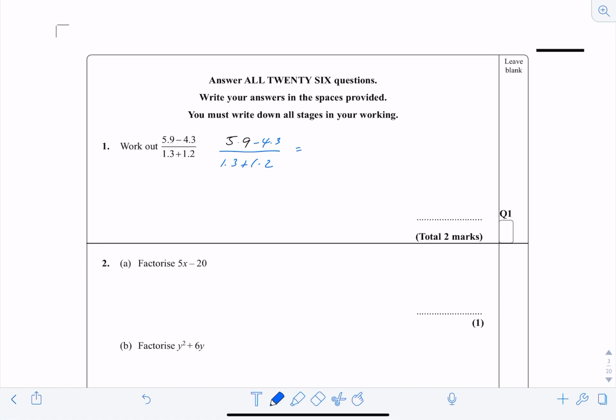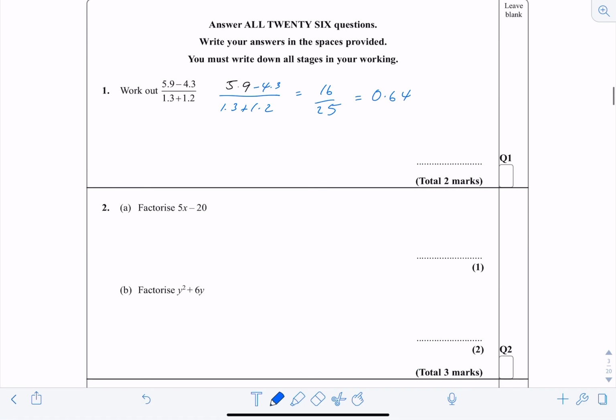Straight into the calculator for this one. 5.9 minus 4.3 over 1.3 plus 1.2 is 16 over 25. Is a decimal. It doesn't require you to do it as a decimal, so you might as well leave it as a decimal or a fraction. Both would be fine.